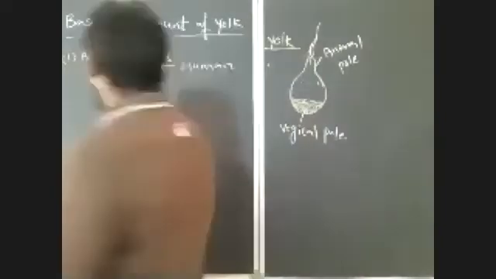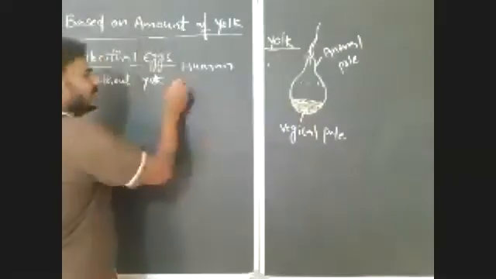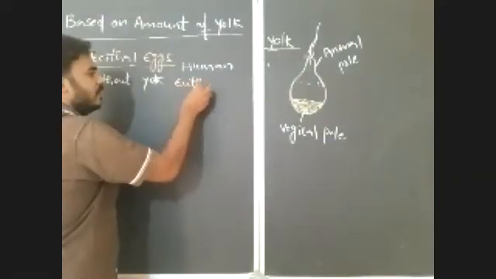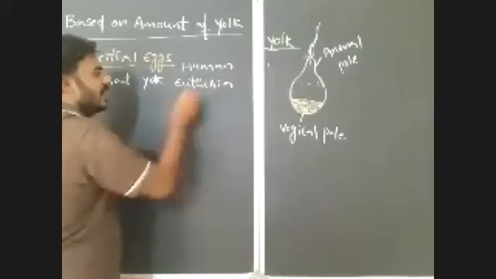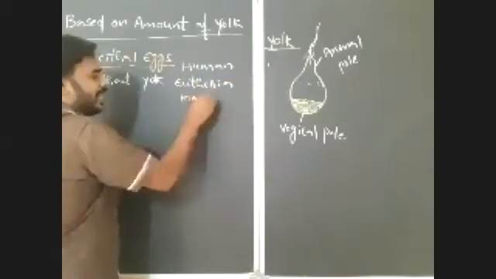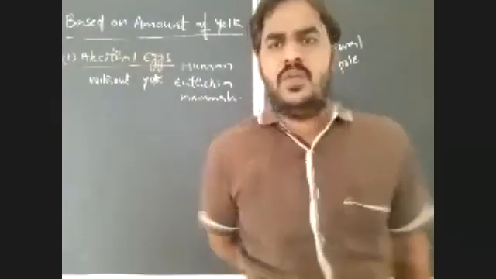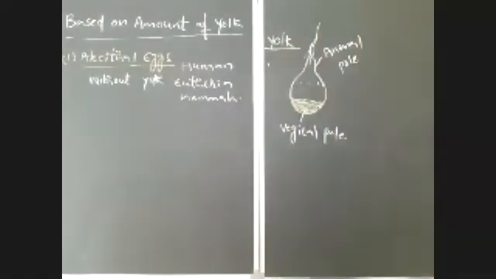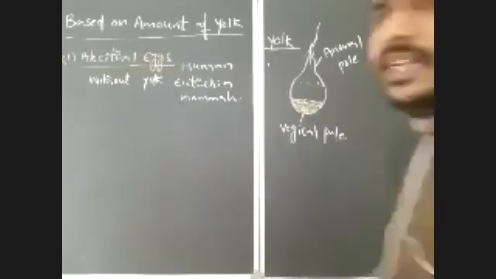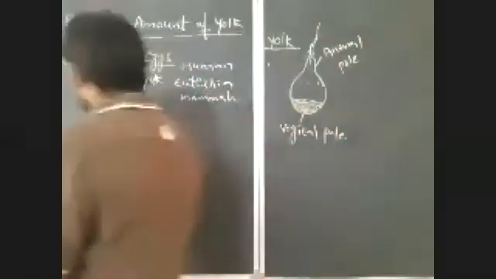Along with that, in all eutherian mammals, which are placental, viviparous mammals, which type of eggs are there? Alecithal eggs are present.